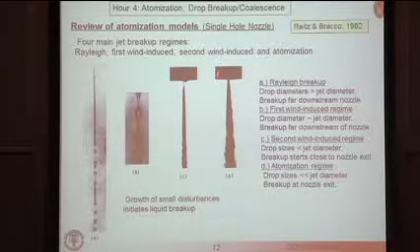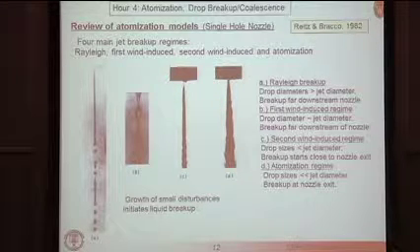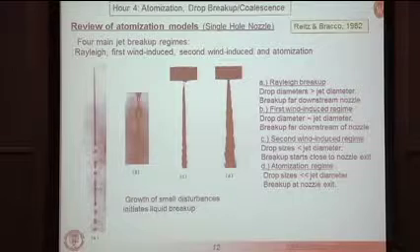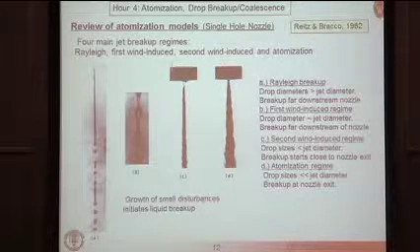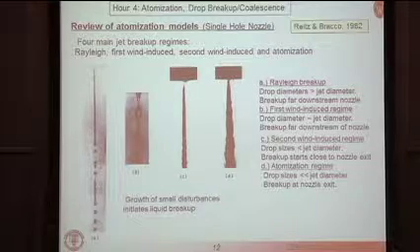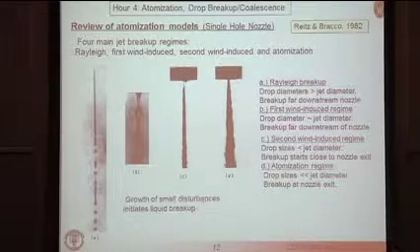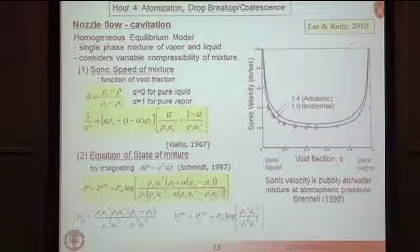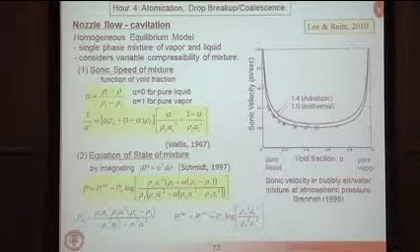Most atomization studies, like in a diesel application, are interested in this atomization regime, where essentially the concept is that the growth of disturbances is so fast that they initiate breakup right at the nozzle exit. Okay, so that's what we're headed for, to try to model.